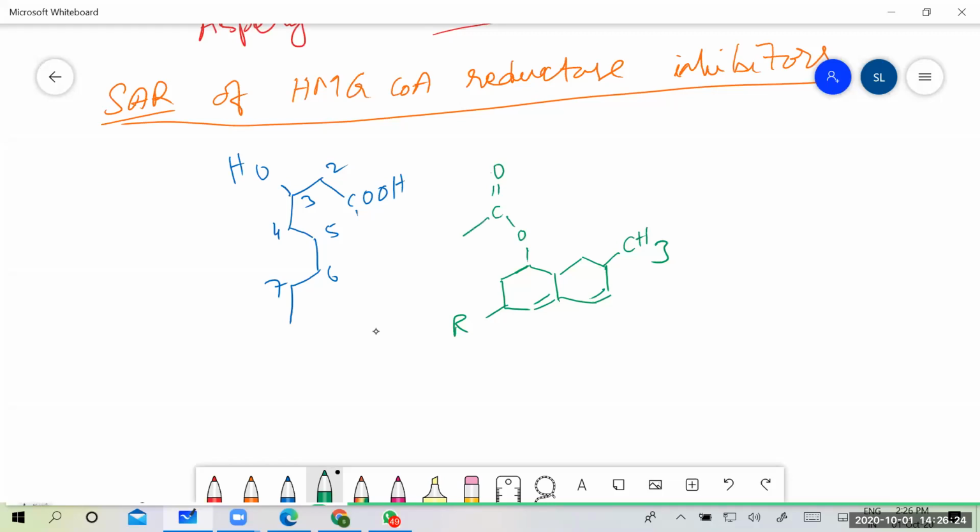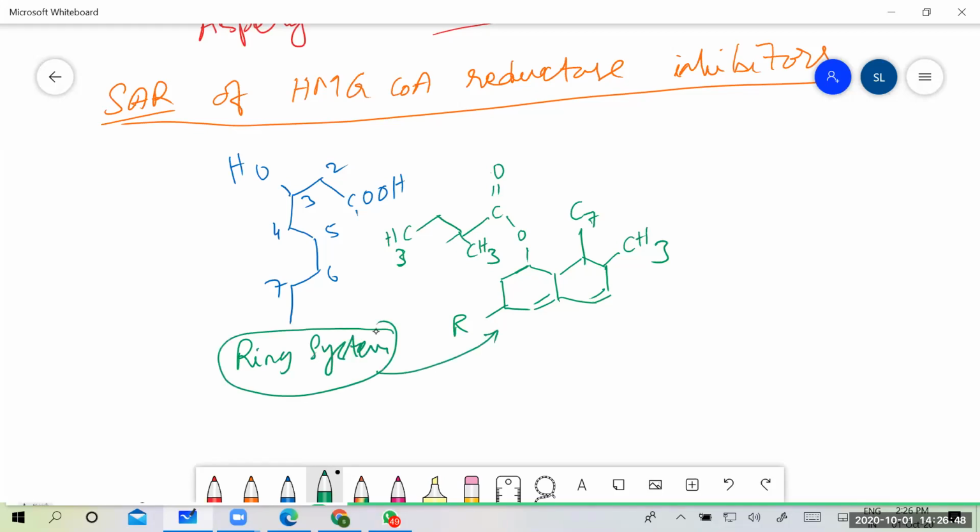It has an ester substitution at one of the bicyclic systems. Okay, and there is a side chain. This is the side chain present. So this is the place where the ring system binds. So this is the ring system that is present here.